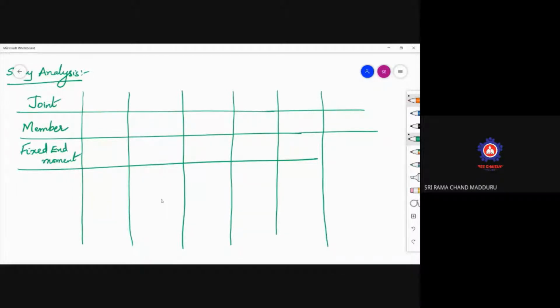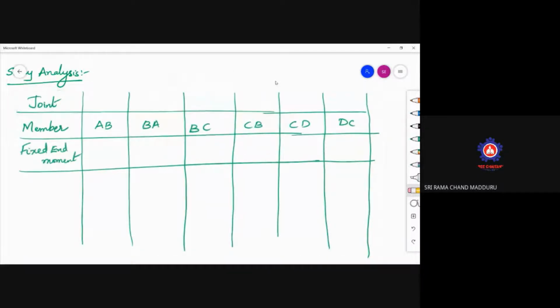So remember AB, BA, BC, CB, CD, DC. This is joint A, joint B, joint C, joint D.